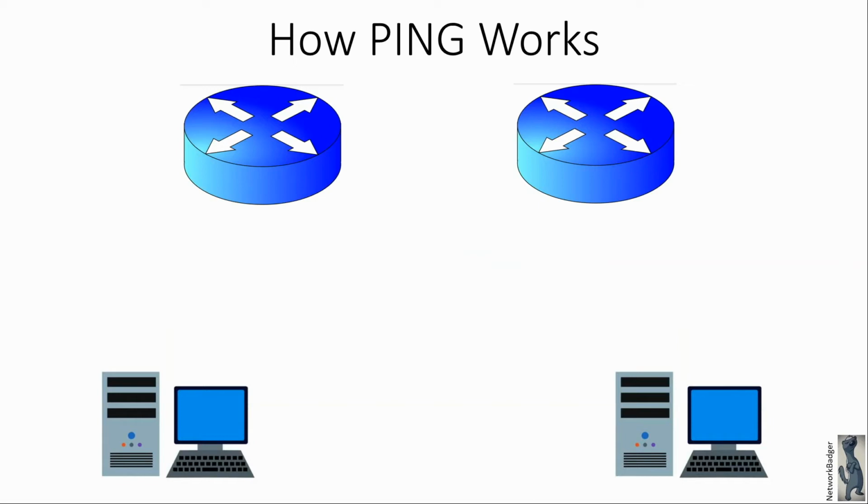Adding another router into our topology here. This time we will imagine that these two routers are misconfigured. Actually, the router on the right is misconfigured. The second router is misconfigured. So we're sending our echo request.